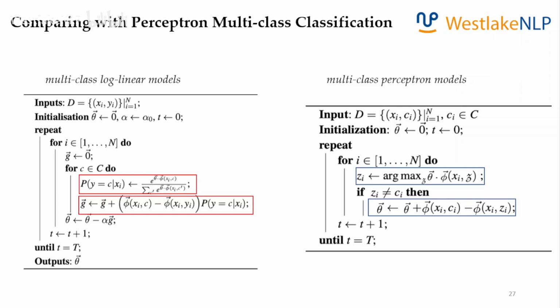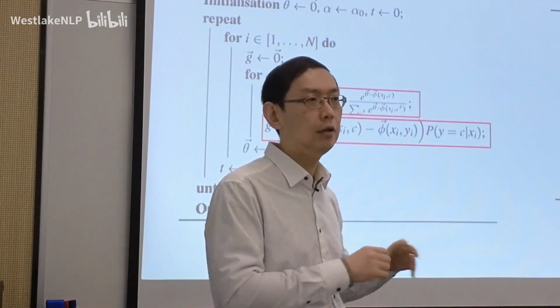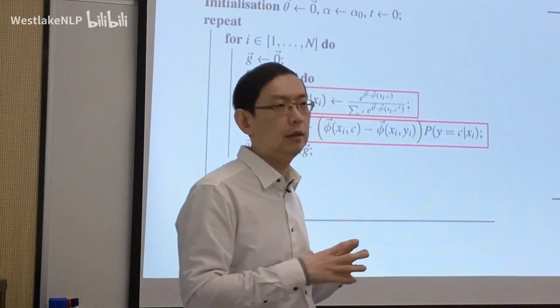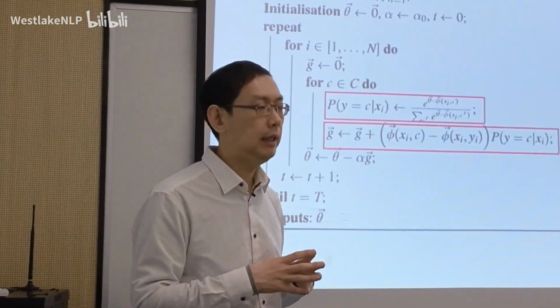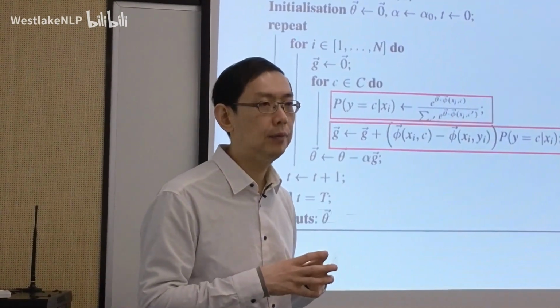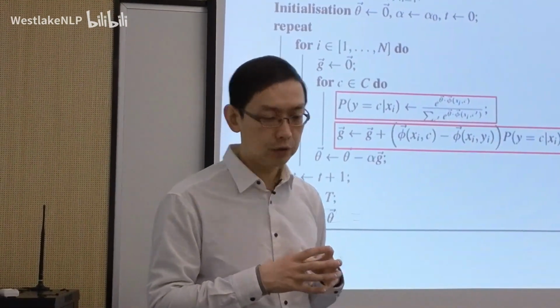Now for each class label, it makes adjustment according to how confident you are according to the model. If the model is very confident on one negative class label, then it will put a lot of weight on the update according to this feature. Okay? That explains why your model ends up with a probability score.